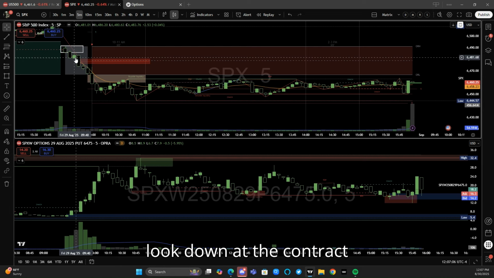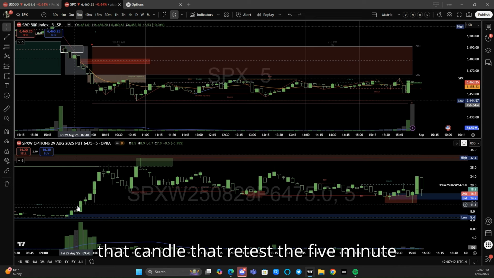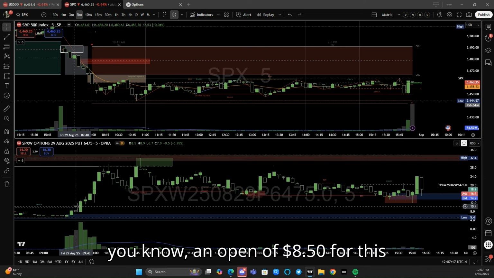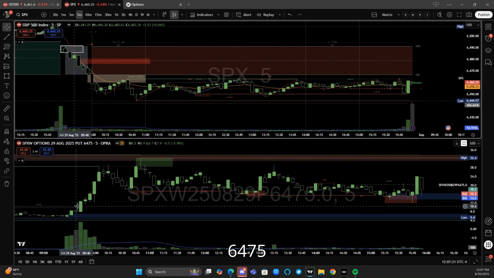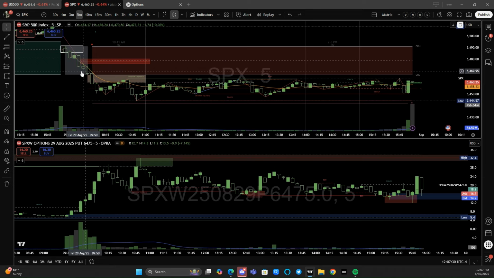If you look down at the contract below here, that lines up with that candle that retests the 5 minute opening range, you're talking about an open of $8.50 for this 6475 put 0DTE. On this candle here that flushes down, it hits a high of $13.